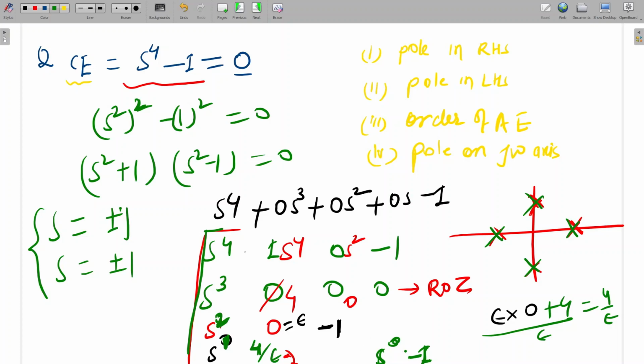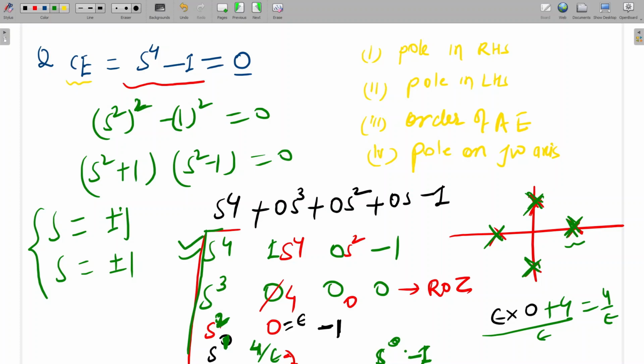Our auxiliary equation order is 4, which means 4 poles will be symmetrical with respect to the origin. Below the auxiliary equation one sign change is there, so one pole will come in the right half side and the corresponding mirror image will come in the left half side. The remaining two symmetrical poles should come on the j omega axis only; then only it will be symmetrical.